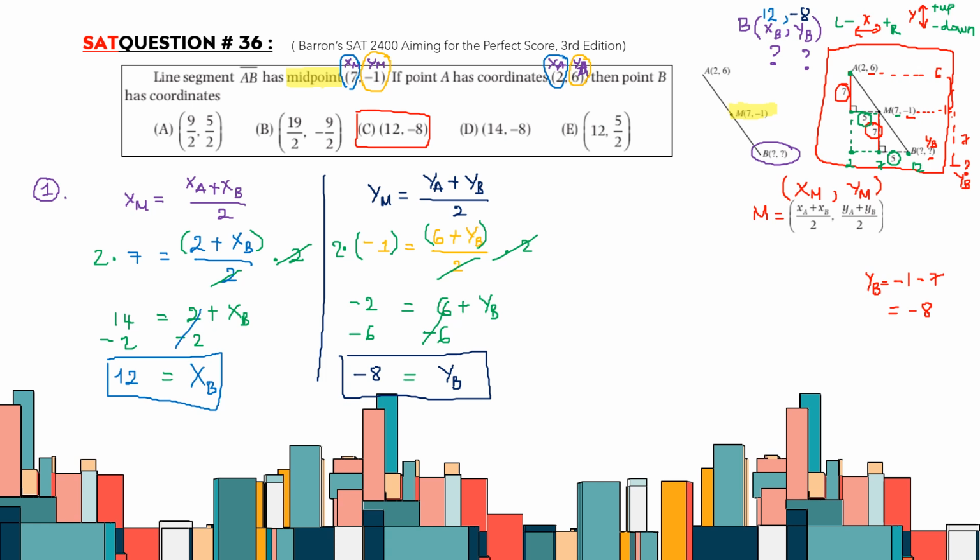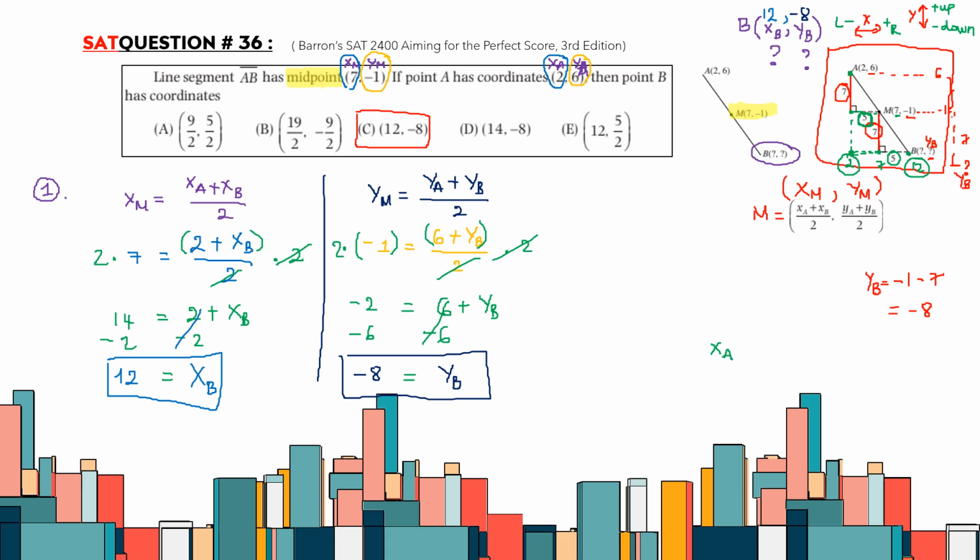Point B is on the right side of point A. Point A is right here, x of A. So x of B is on the right side, so we add the units. Right here we add 5, then we add 5 more. The midpoint x sub M is 7, so we add 5 and you get point B. It looks like that.